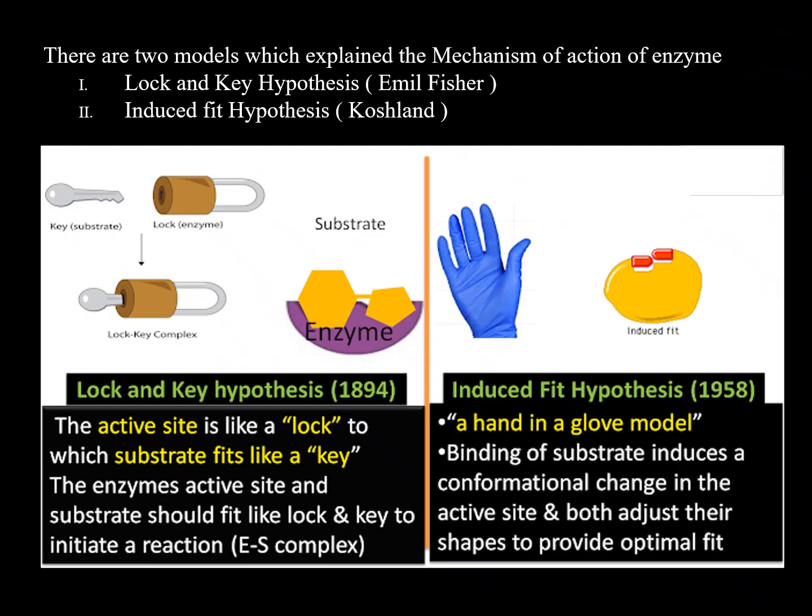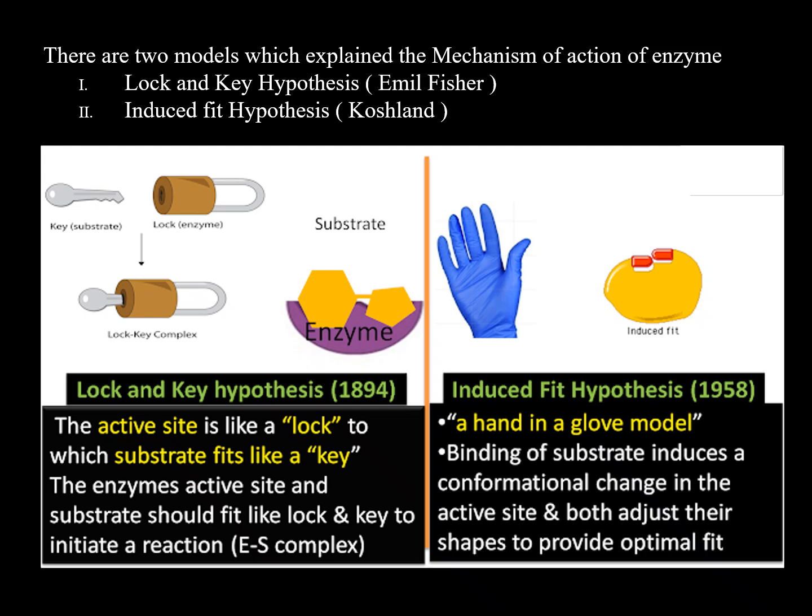Now we study two models that explain enzyme action. The first is the lock and key model. In this model, the enzyme active site is like a lock and the substrate is like a key. The key fits exactly into the lock. The second is the induced fit model.